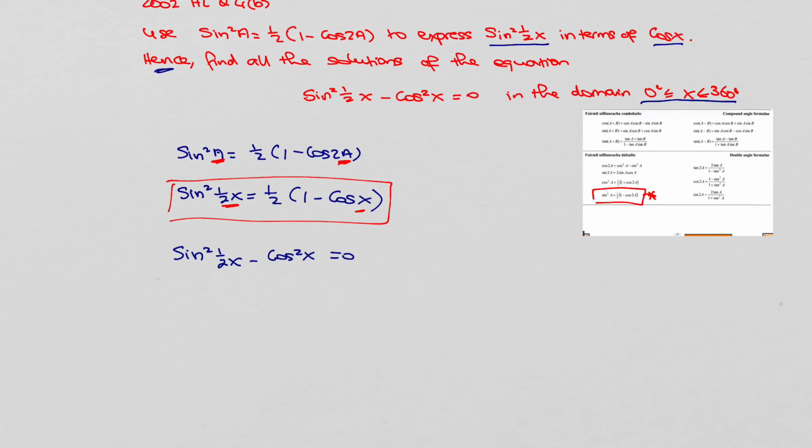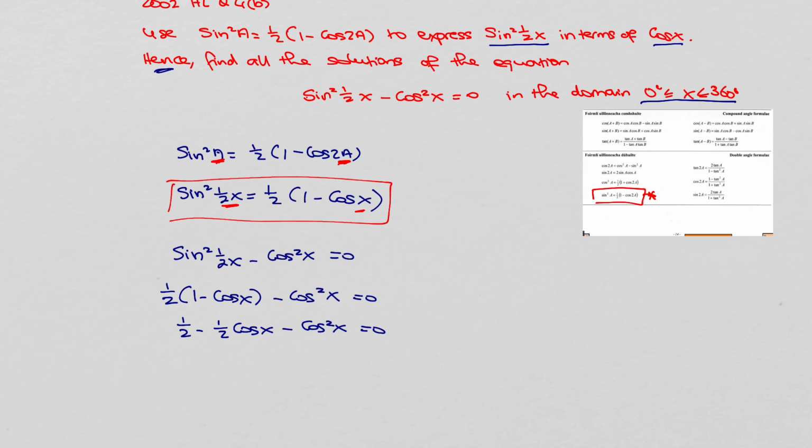Instead of sine squared a half x, we're now going to replace it with a half times 1 minus cos x, minus cos squared x. I'm going to multiply out my brackets there. And then I have a fraction, so I'm going to multiply across by 2 to get rid of my fraction. And I'm going to multiply across by minus 2 because I want it in the form ax squared plus bx plus c equals 0.